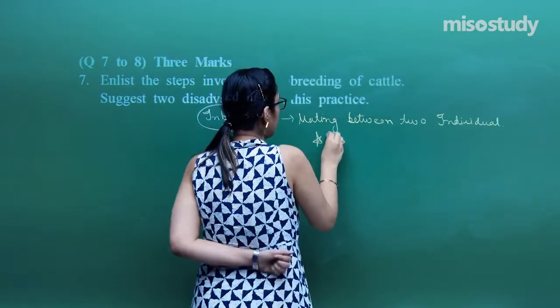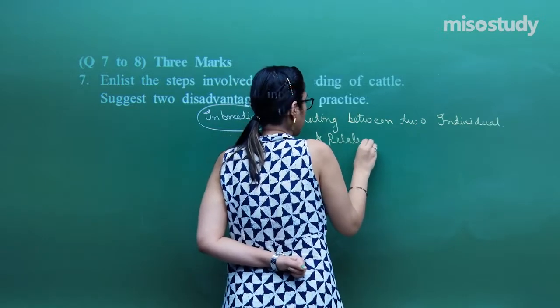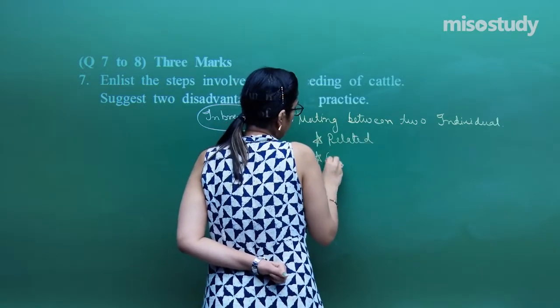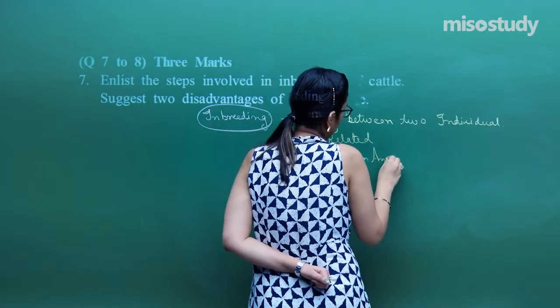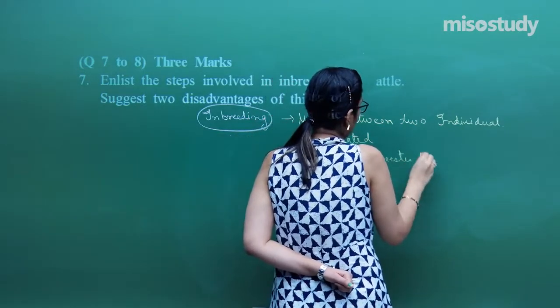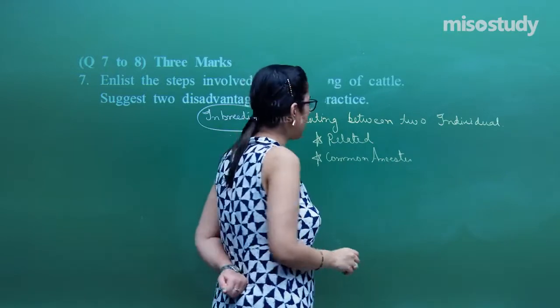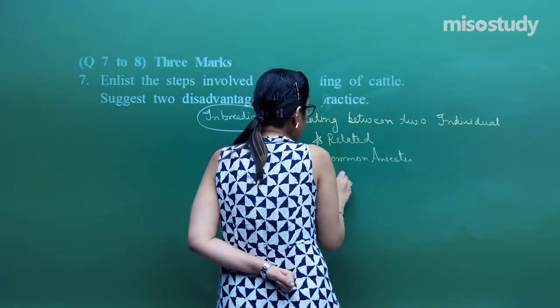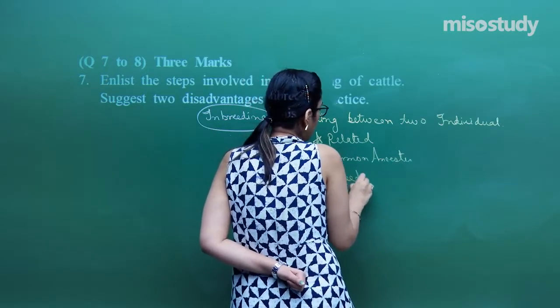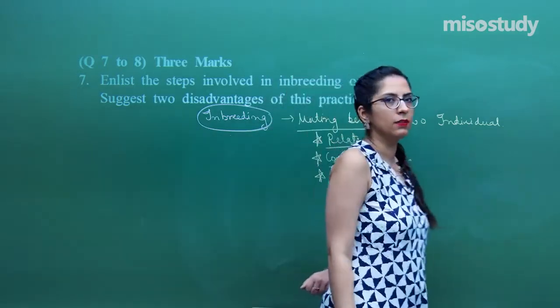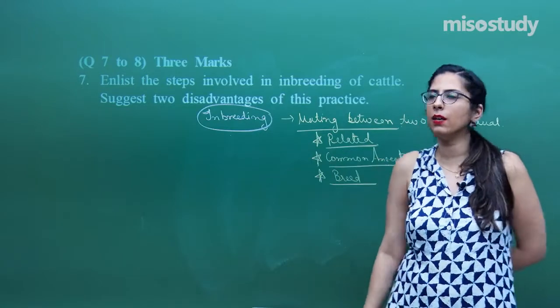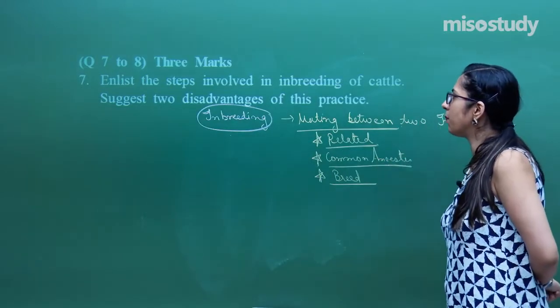First, they should be related. Second, they should have a common ancestor. Also, they should have a common breed as well. This is called inbreeding. We have discussed about breeding. This is called inbreeding.